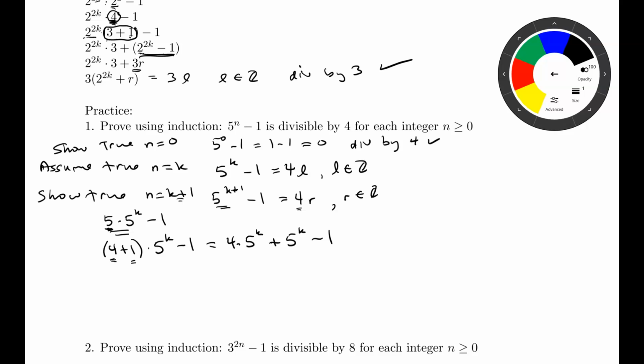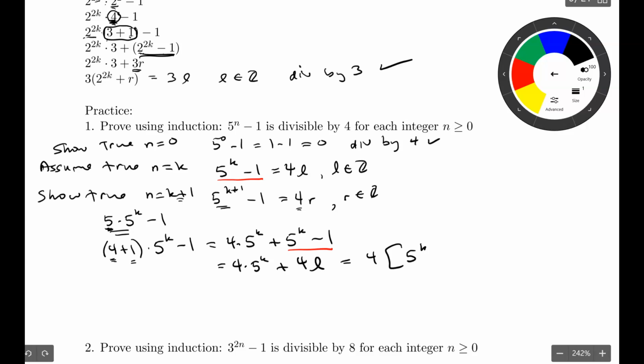How can I use my inductive step? Do you see it? Here it is. So continuing on, I can say 4 times 5 to the k plus 4l. Can we rewrite this to say 4 times something? I sure can: 5 to the k plus l. Therefore divisible by 4. Check.